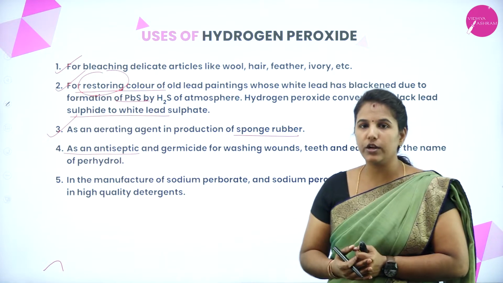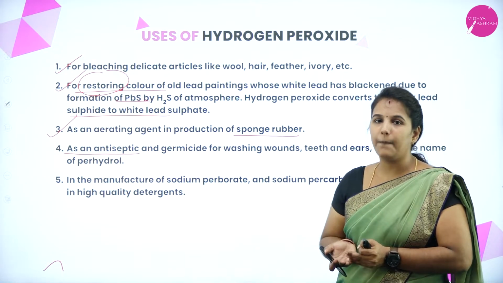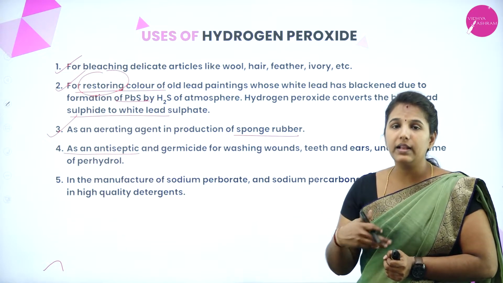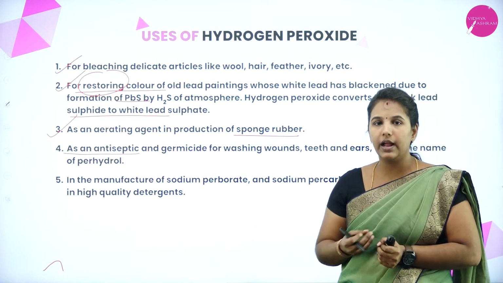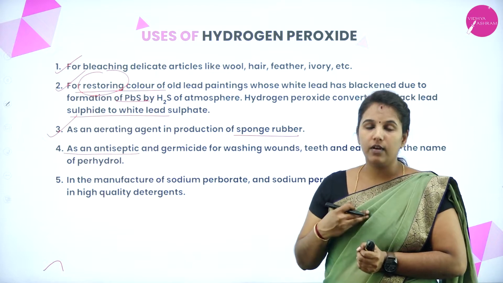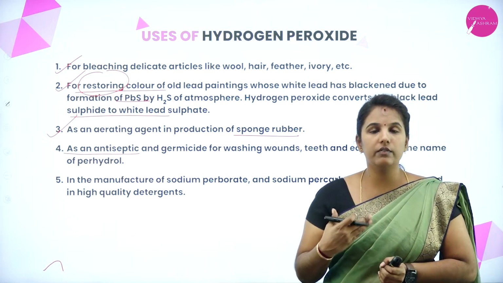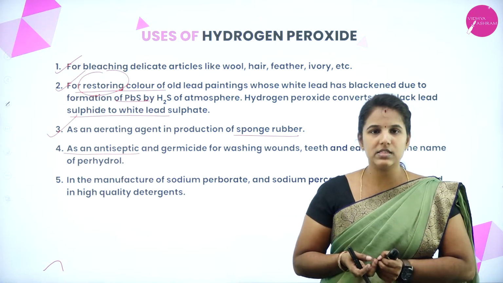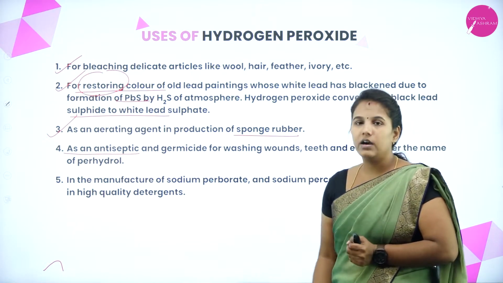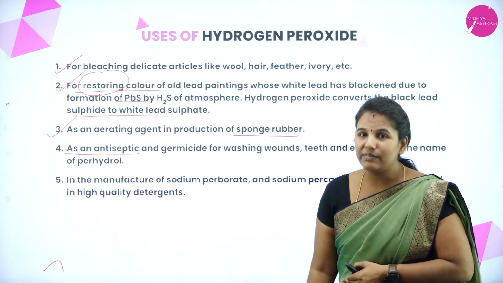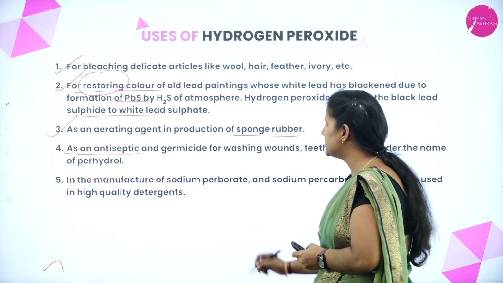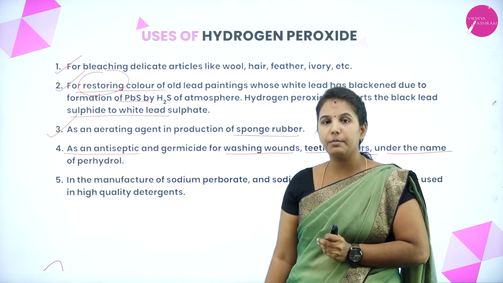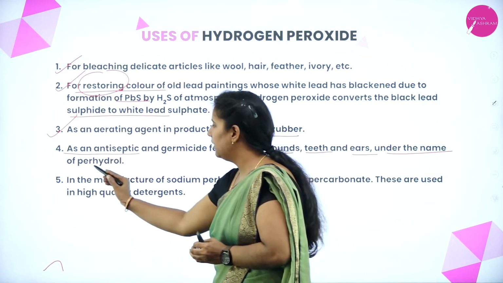If somebody has an accident, suddenly they apply hydrogen peroxide on the wound, because if you apply hydrogen peroxide on the wound, you would have seen the formation of oxygen gas in the form of a hissing noise. Have you all observed? Yes. So this indicates that hydrogen peroxide is itself an antiseptic agent and germicide for washing wounds and teeth, ears under the name of perhydrol.